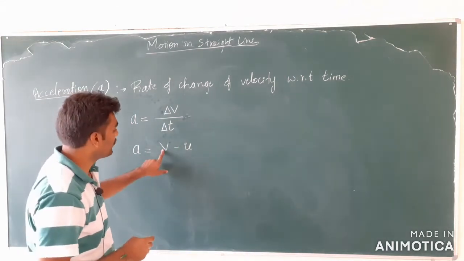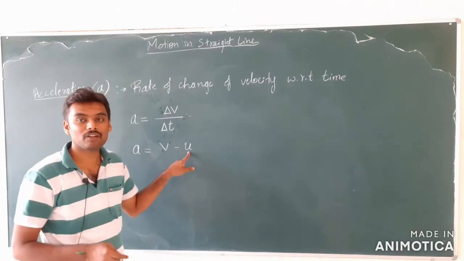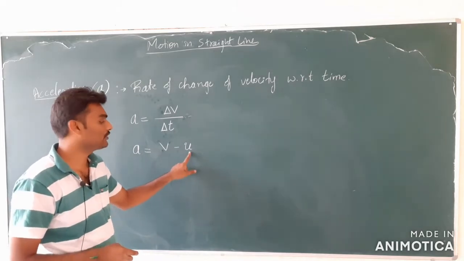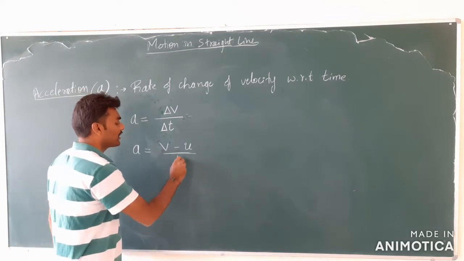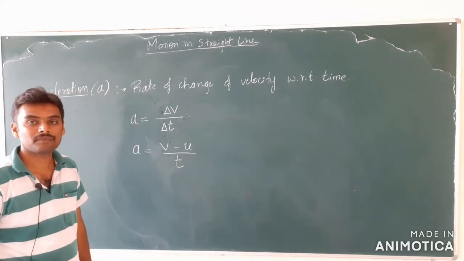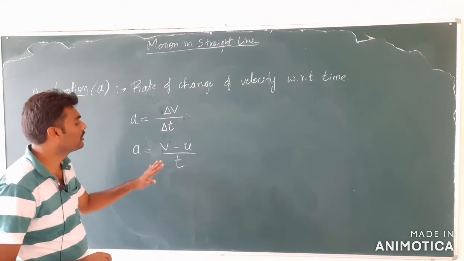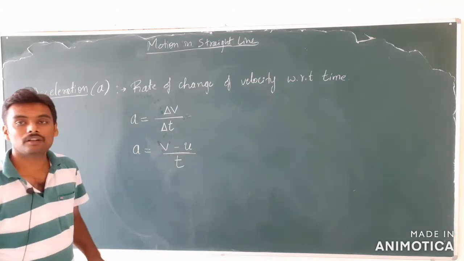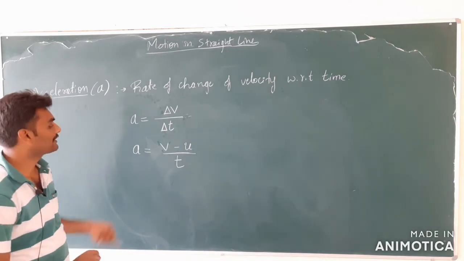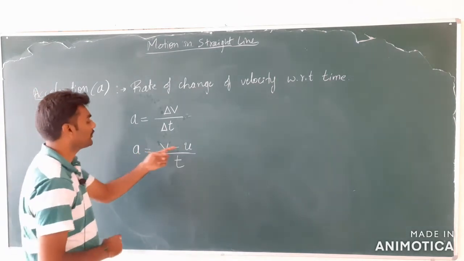So v minus u, final velocity minus initial velocity, by time taken t. This is the formula that we will make use of for discussing problems on acceleration: a is equal to v minus u by t.